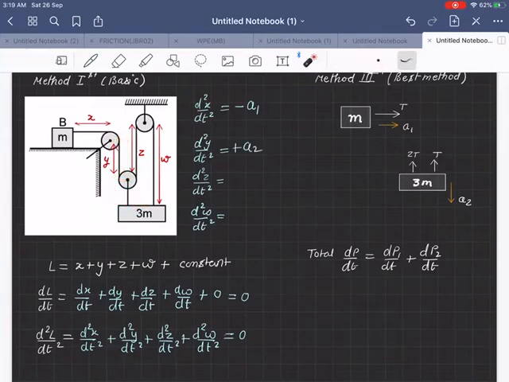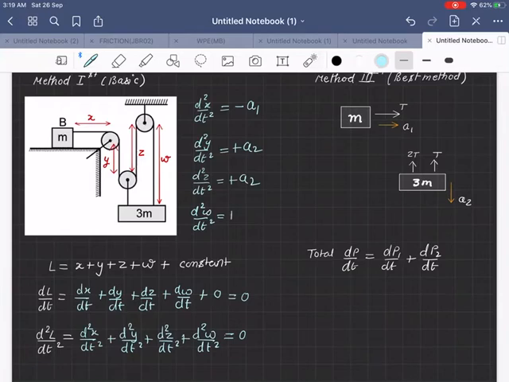Now let's look at the z. Similar to y, z is fixed between these 2 points, and that point is on a fixed pulley. So again the upper point is not going to move, the lower point will, and it is moving with the same acceleration as the block, a2, so we are going to get plus a2 here.